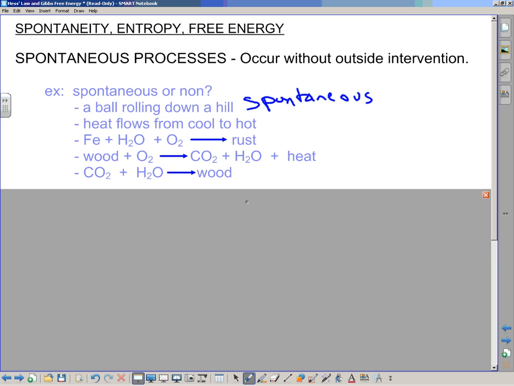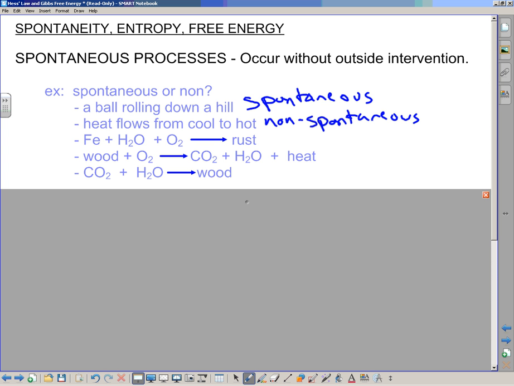Is that what heat does spontaneously? No, energy spontaneously goes from hot to cold, right? Okay? That's a spontaneous process. But going from cool to hot is a non-spontaneous process. That is going to require some kind of outside influence for that to occur.